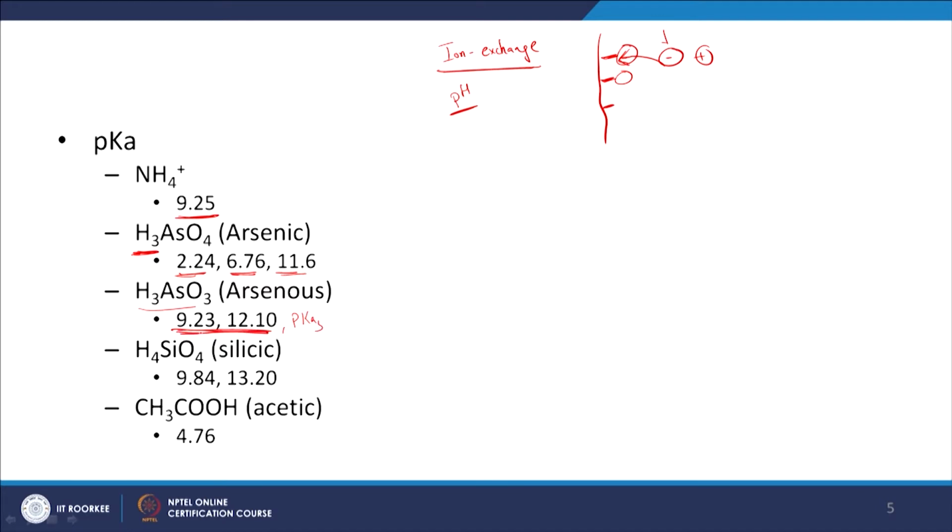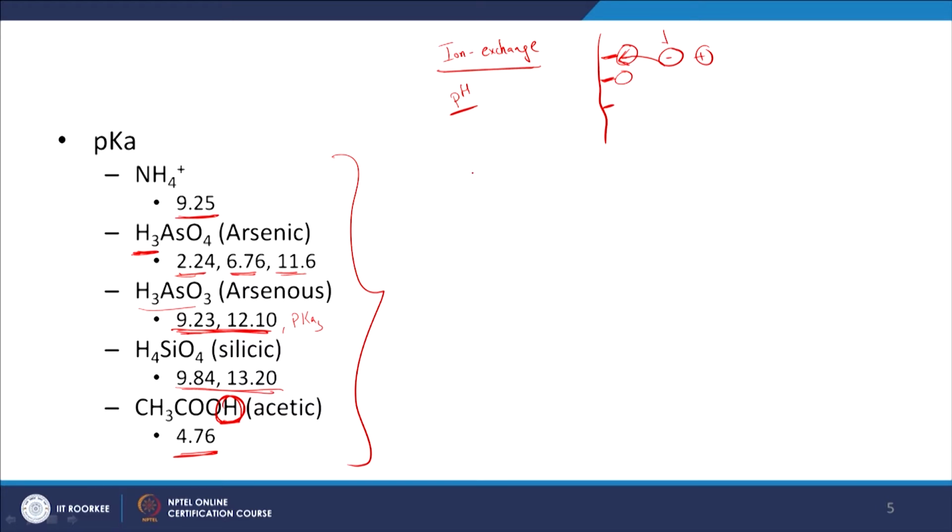The effective range is only these two pKa values. So again we have 9.23 and 12.1, right, and for silicic acid we have pKa 1 and 2, and we are missing 3 and 4, but that is not required now. For acetic acid, with respect to donating this particular proton, the pKa is 4.76. So we are going to look at a few examples relevant to these particular values, so keep them in mind in your background.